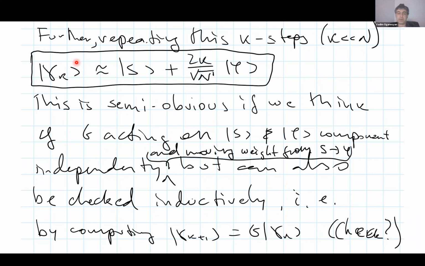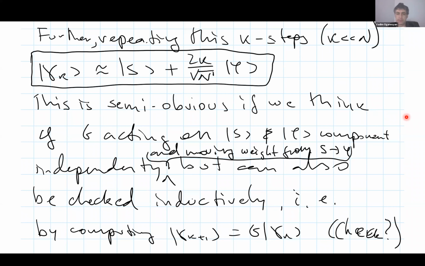You can convince yourself that if you just repeat this step, you apply G to gamma 1, you'll get this thing with the coefficient here added again. And the formula is that gamma sub k is S plus 2k over root n phi. And again, we're assuming that k is small compared to n.